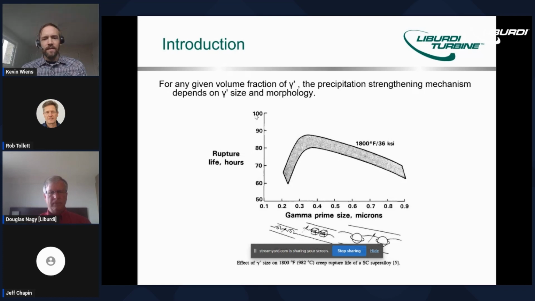And so the larger the precipitates are, the bigger the gaps between them, the easier it is for these defects to slip through those precipitates and lead to deformation. If particles are too small, the other thing to consider is that these defects can simply bypass them by cutting through them. And so the way that the precipitates strengthen the material has to do with how they interact with these defects in the material.